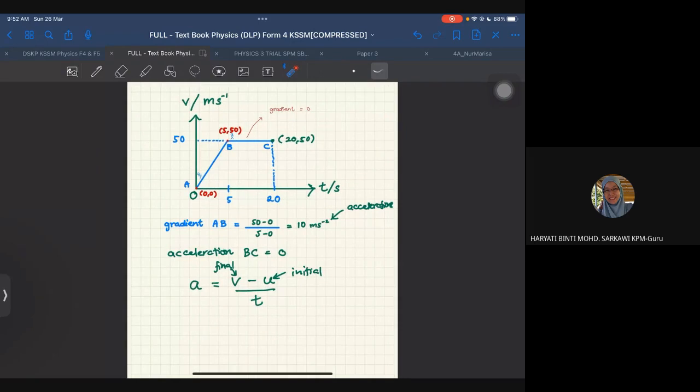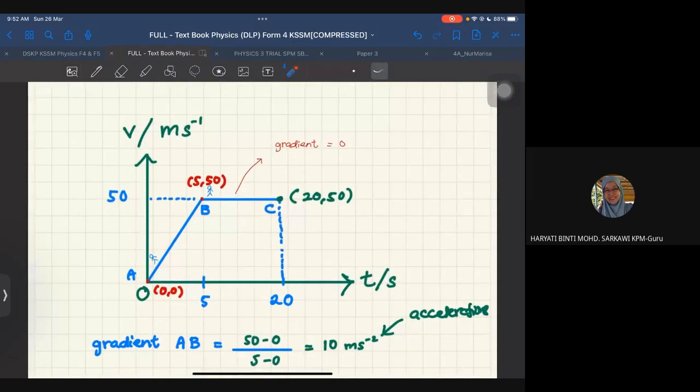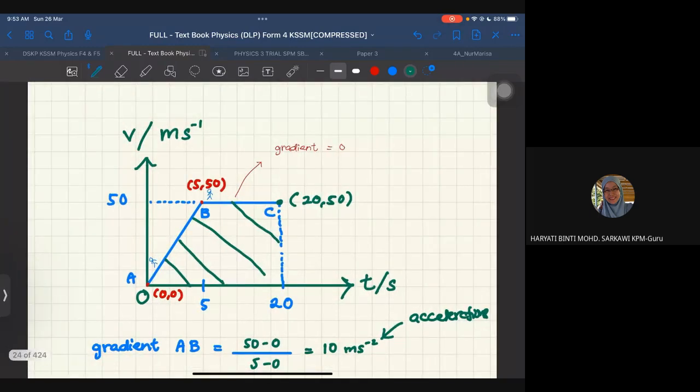Okay, now look at this. So can you calculate the area under this graph? Try. Calculate area under the graph. The whole area under the graph means here. So you need to know what shape is this. If you don't want to use formula for trapezium, also can. You can divide this into two parts.